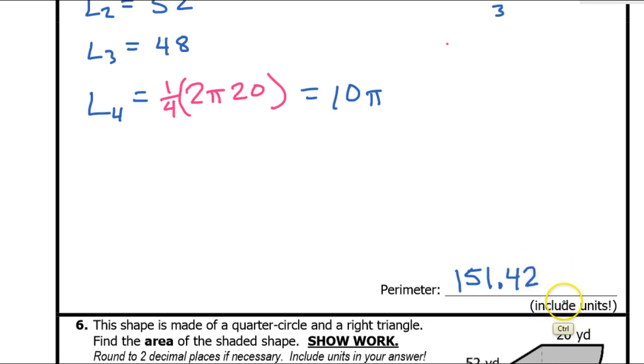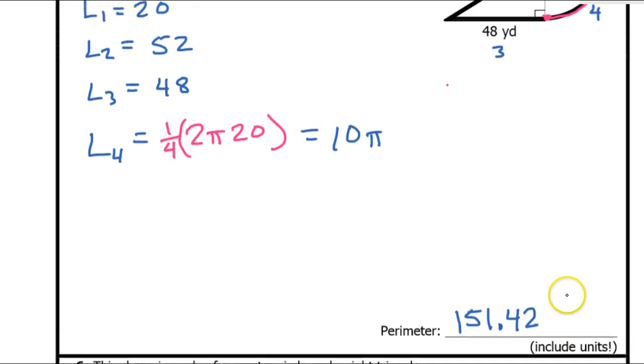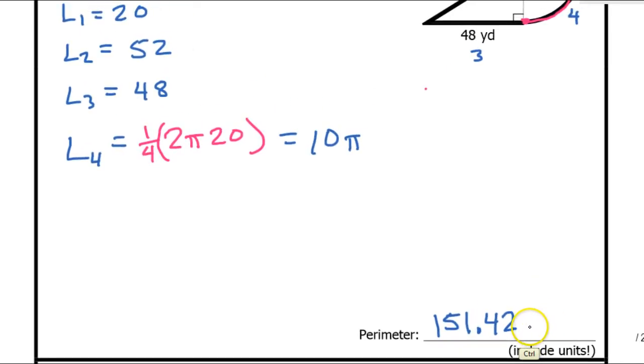Okay, this is the first one that they're making us write the units ourselves. If you leave off the units, you're losing half of a point. The lengths were all given in yards, and the perimeter is still a length, so I'm just going to put yards again.